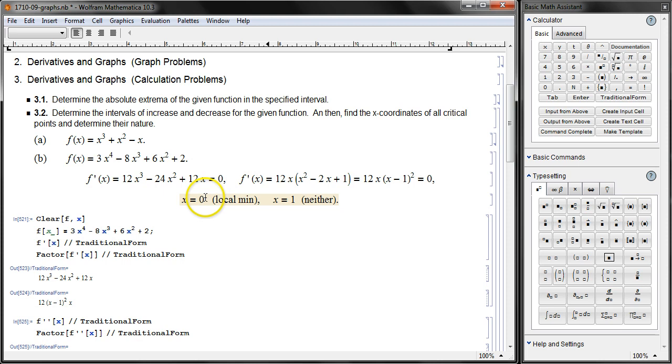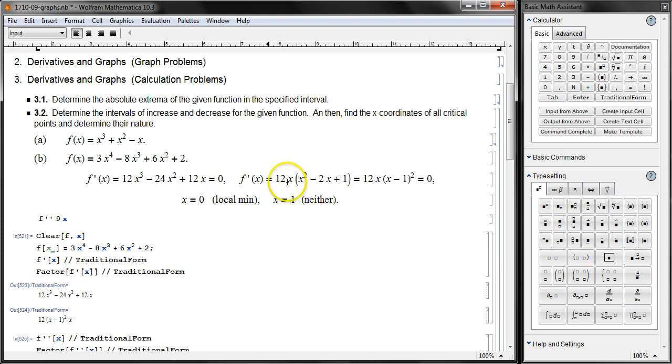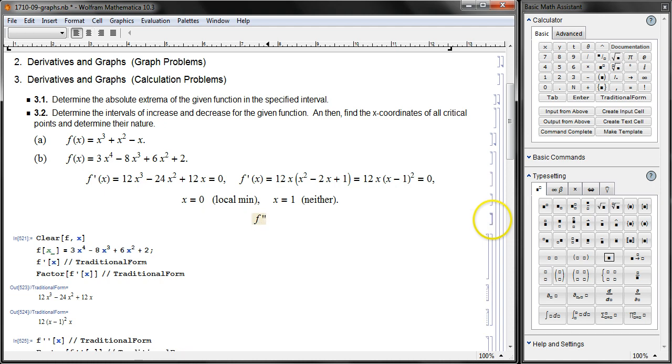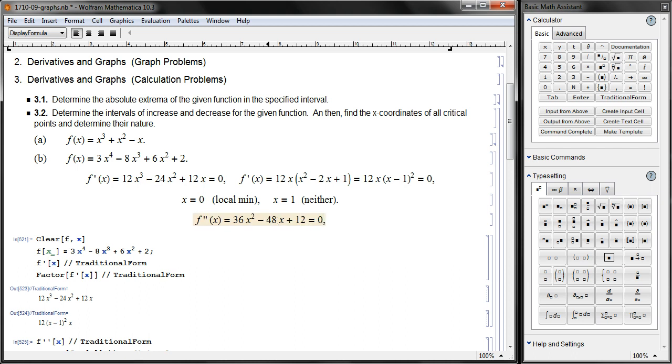So let's find out the second derivative. Start from here and take the derivative again. So what do you get? 36x squared minus 48x plus 12 and set it equal to 0. What do you get?